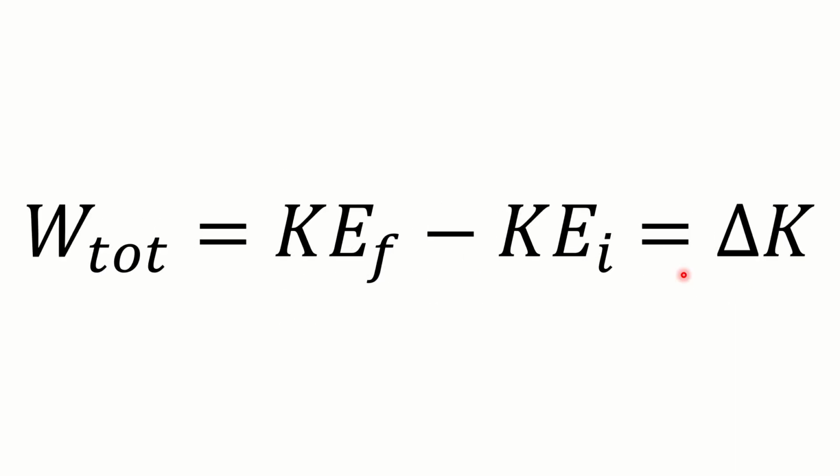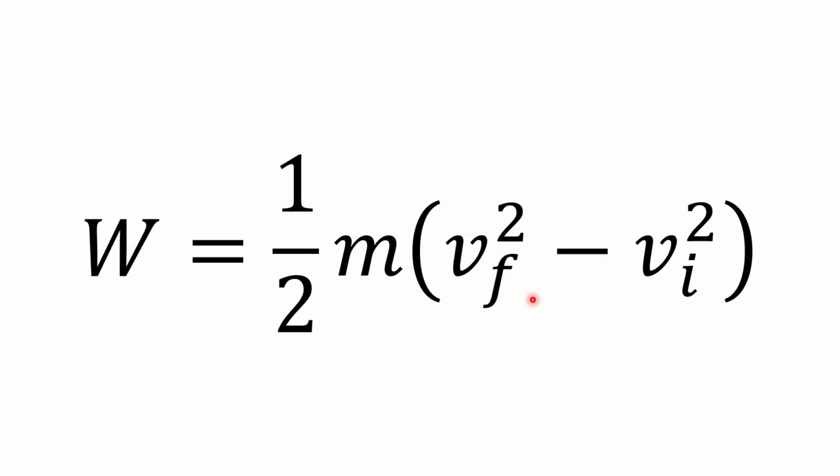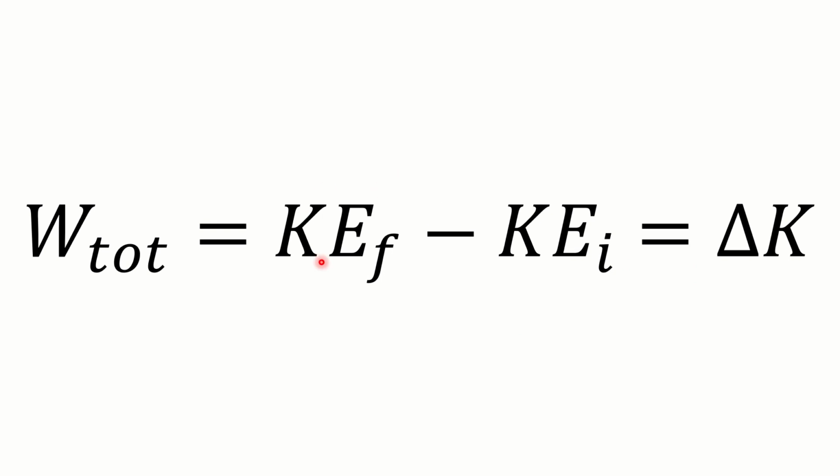So, since nauna dito yung final minus initial, final kinetic energy minus initial kinetic energy, which is just the change in kinetic energy. So therefore, work done is also the same as, or is equivalent to, the change in kinetic energy. So this is now known to us as the work energy theorem.